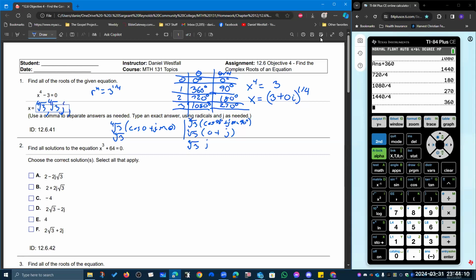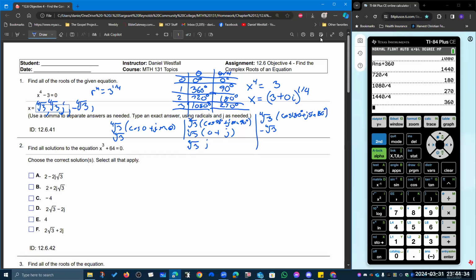Then we have the fourth root of 3 times cosine of 180 plus j sine of 180. Cosine of 180 is -1, so this is negative fourth root of 3.